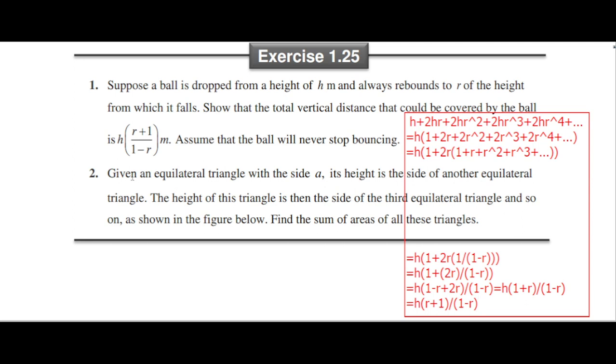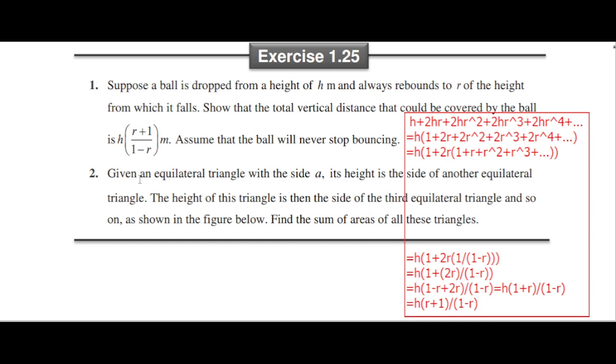Let's go to the next question. Example, question number 2. Given an equilateral triangle with the side A, its side is the side of another equilateral triangle. The height of this triangle is then the side of the third equilateral triangle, and so on.